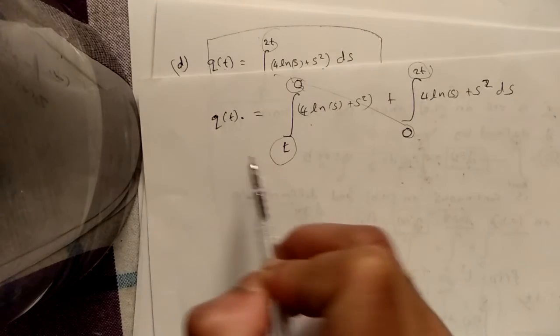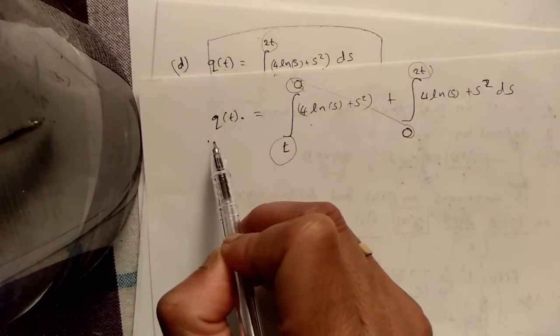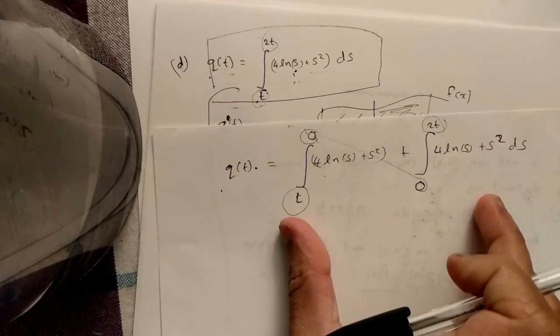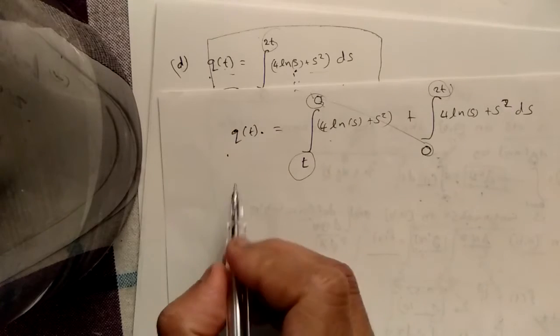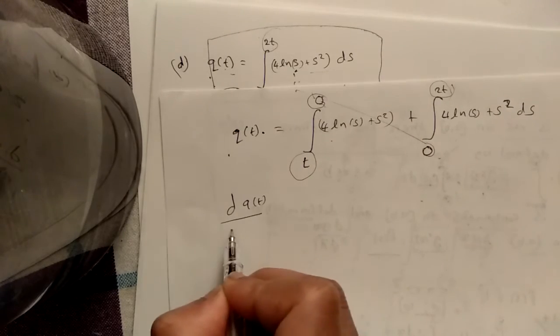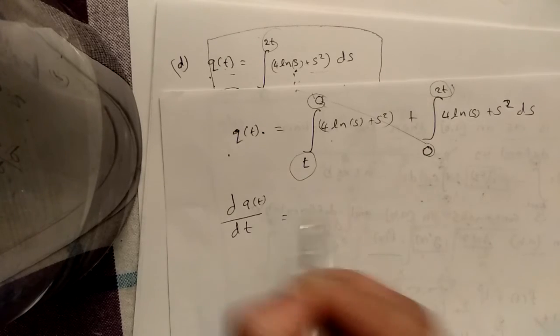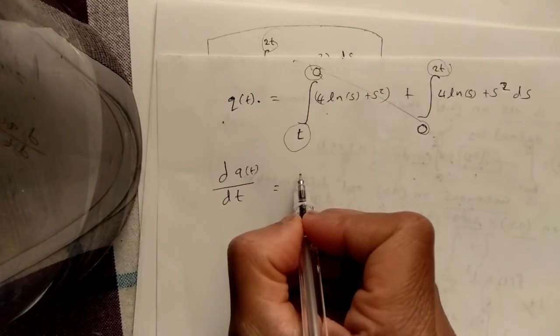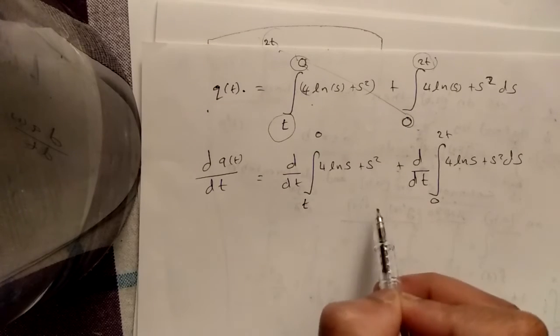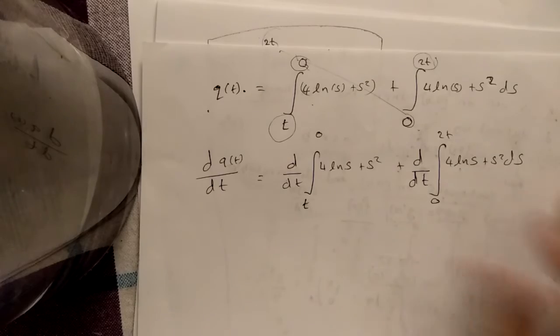Now, as we have reduced our initial function into these two integrals, we can apply the fundamental theorem, okay? And if we need to differentiate this one, that means we have to differentiate this one and then differentiate this one.